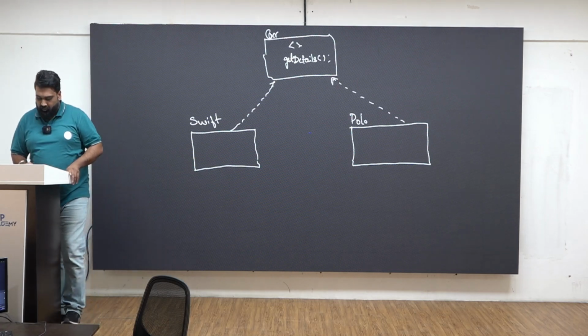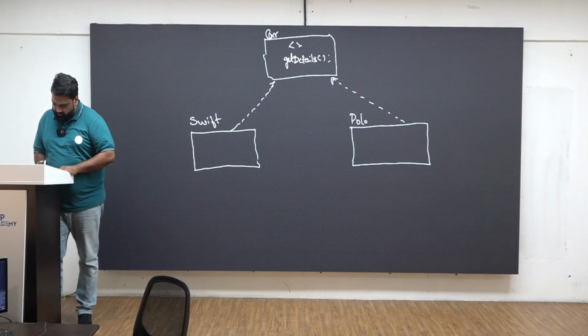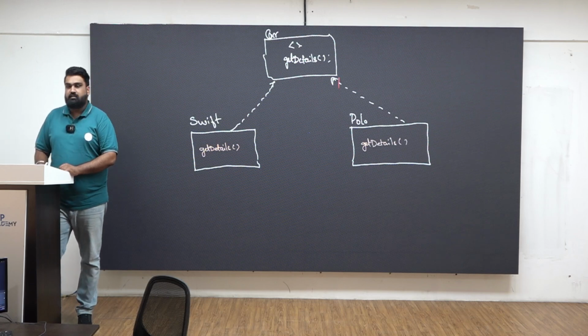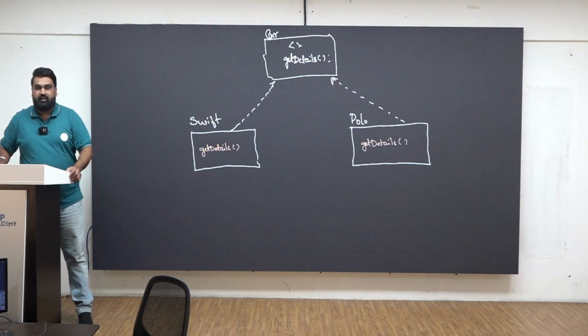When they are implementing, they are supposed to override the getDetails method, and I'm going to write some information inside it.